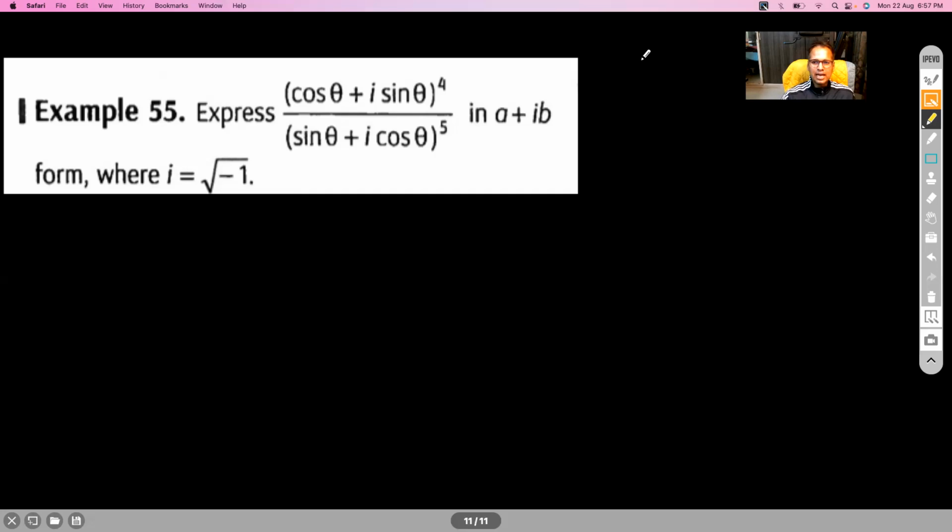Give me a response as A value is this, B value is this on the chat box. Okay, so put the expression for A and B and let me know the result.